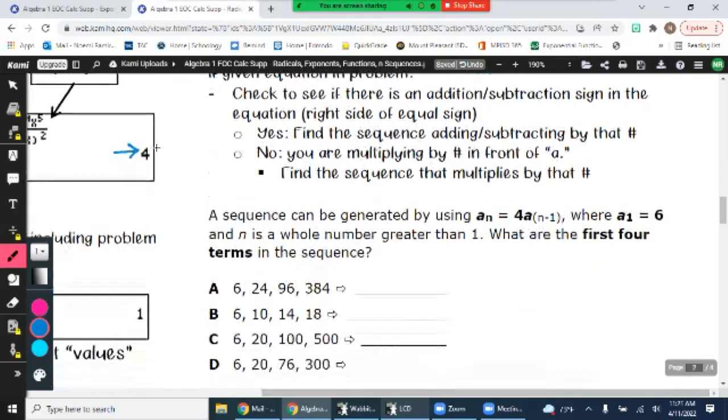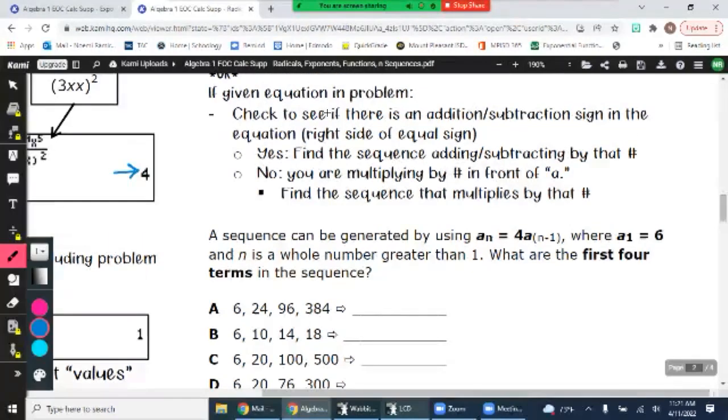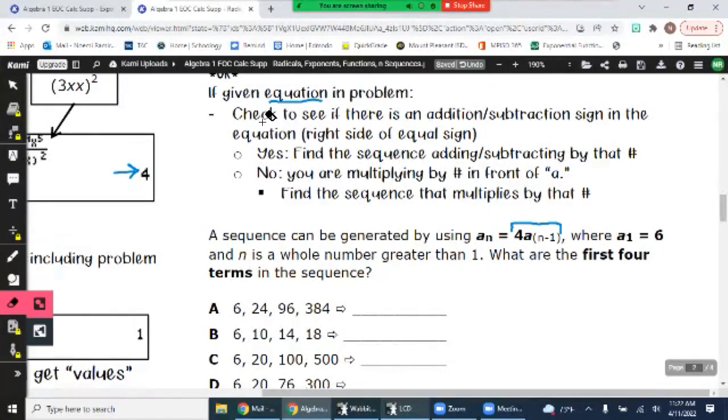Or you could be given a problem where they give you the equation, but you have to find the sequence that goes along with it. With sequences, the only thing you want to do is check the equation. Check to see if there's an addition or subtraction sign on the right side of the equal sign.